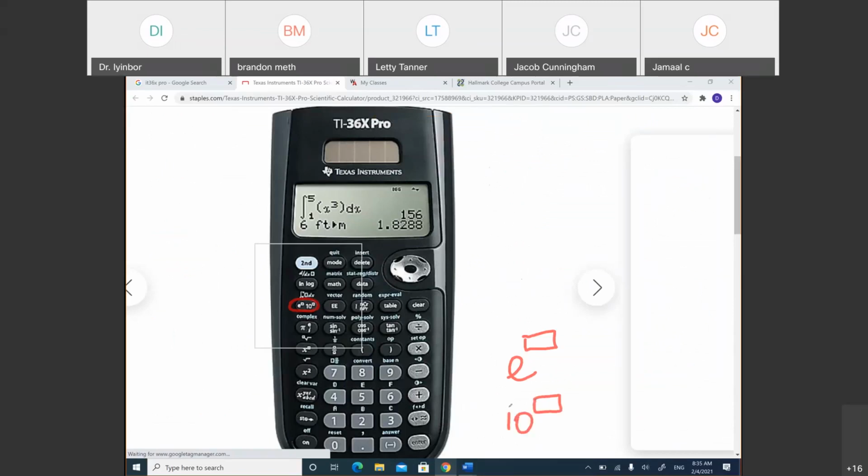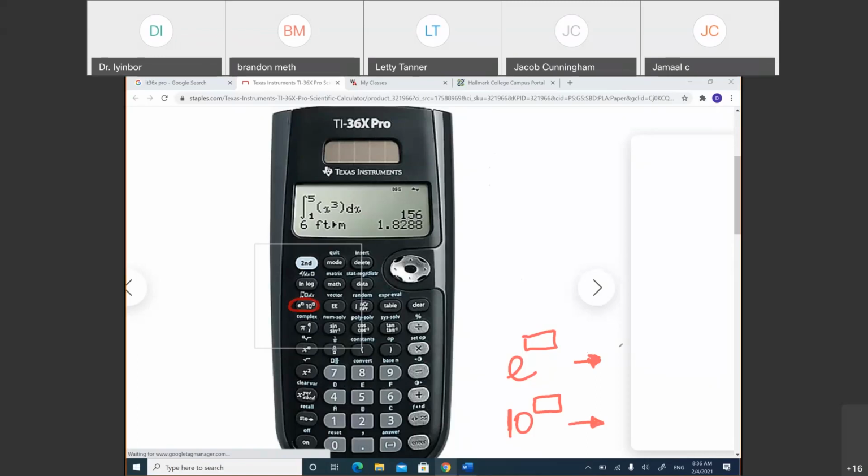Now, e and 10 are very commonly used bases. Biology and medicine have a lot of applications using base e. Base 10 is very commonly used in engineering. So these are pretty much the two bases, and they have a lot of applications.